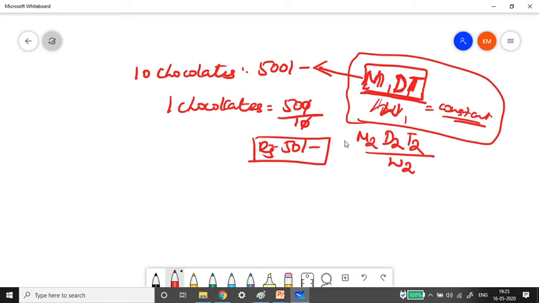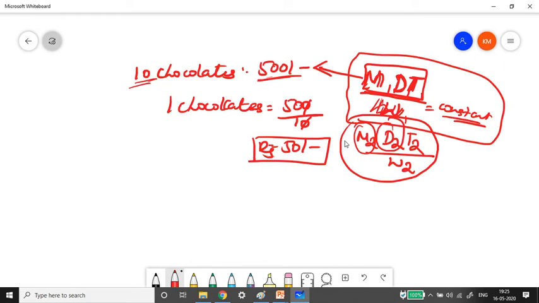Just compare it with the chocolates and how we find the one chocolate. MDT is similar to the 500 and the W is this 10, the whole 10 chocolates. With this you are able to find the one chocolate's amount. On the right hand side, if you have other parameters like M2, D2, T2 and W2, you can find any other variable which is missing.